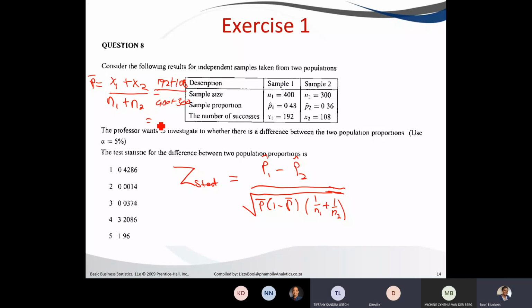My answer was 0.4285. 0.42857, you must write all the values, 0.4285714. You must write all of them because when you round off, you might not get the answer. Or when you round off, you must round off correctly as well.